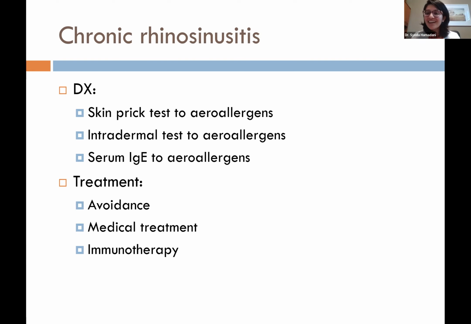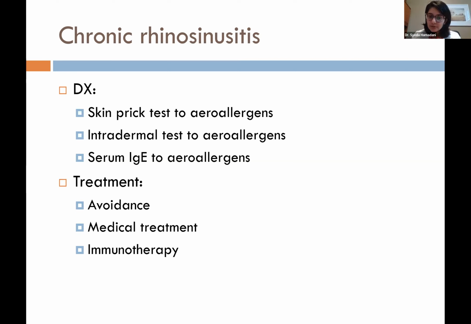And if you are, these are the things you can do around the house that will help you to not be so symptomatic. I think that's very important to do, because if you're not doing the avoidance measures, then medications and treatments will get you only so far. So I think it's a very good and important component in terms of treating this disease.